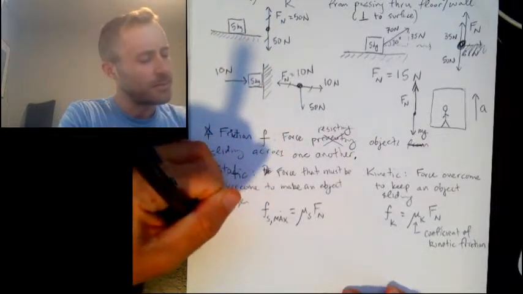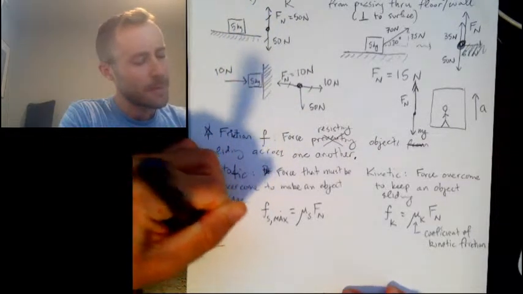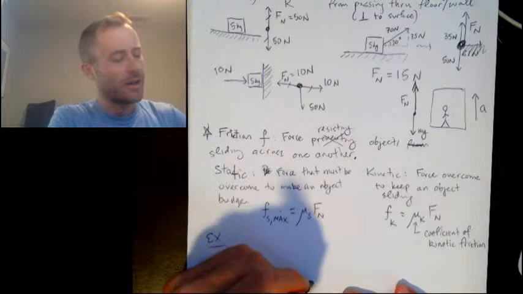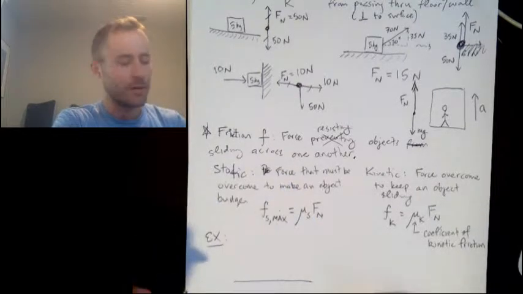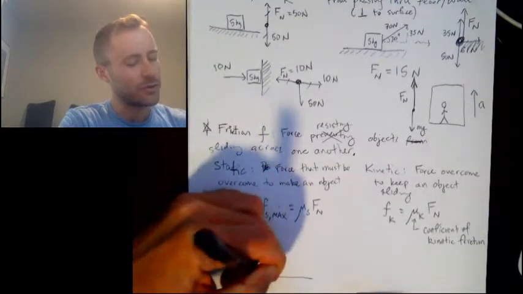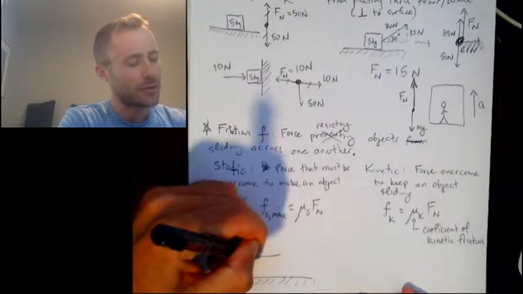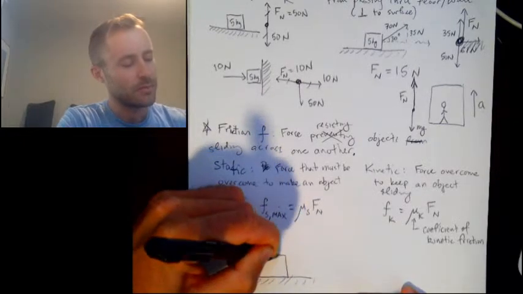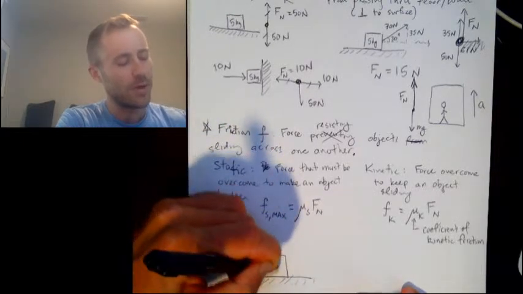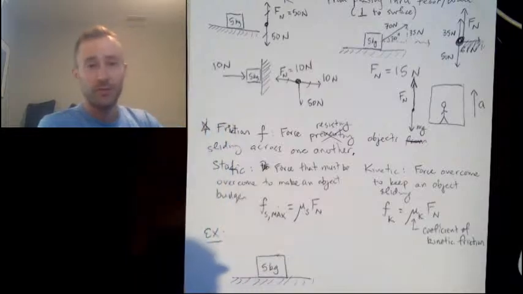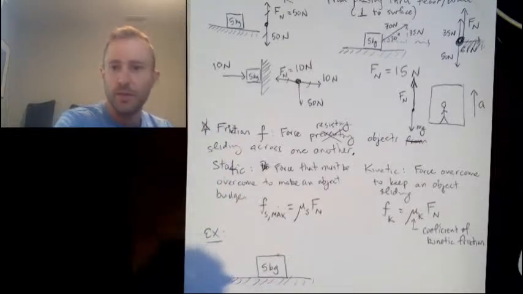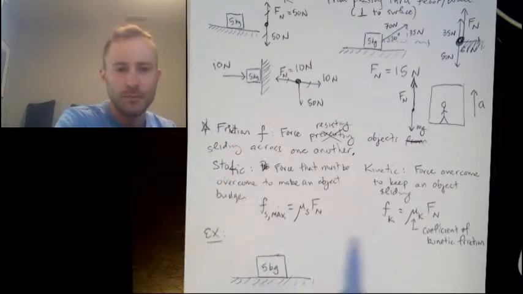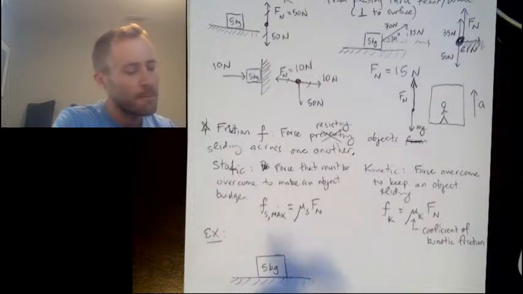Let's do an example. We've got a flat surface. We've got a 5 kilogram box. Okay? It's on a flat surface. All right?